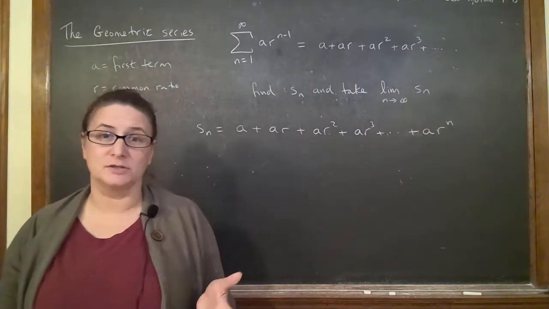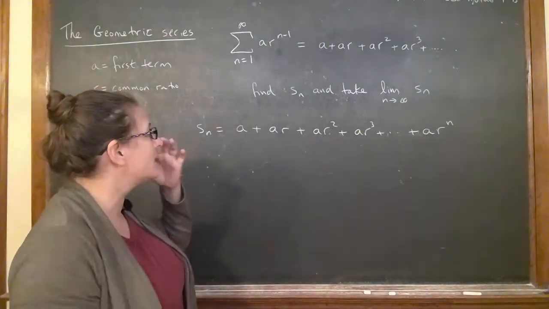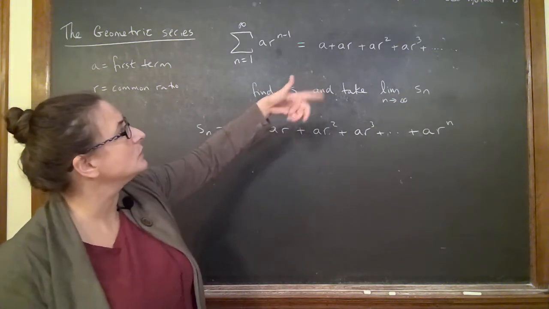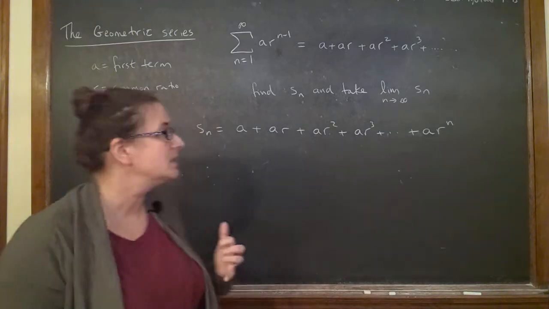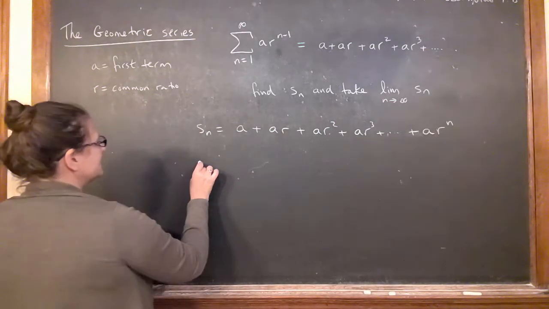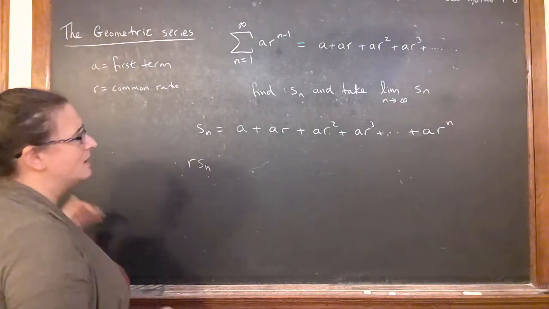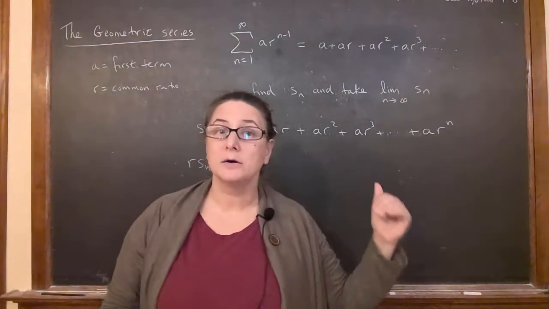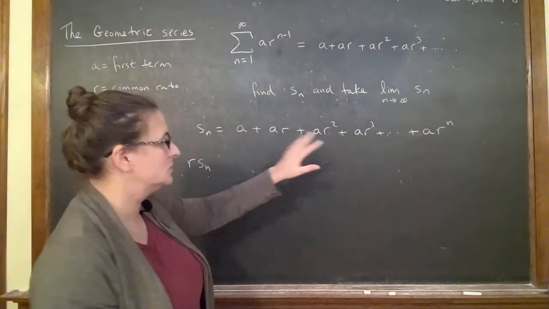Now there's a trick to do this. Of course there is. The trick is to realize that the form of it is that you have a multiple of R going up. So what happens if I take this same Sn and multiply every term by R and multiply it through? I can do that because this is a finite sum, just up to n.